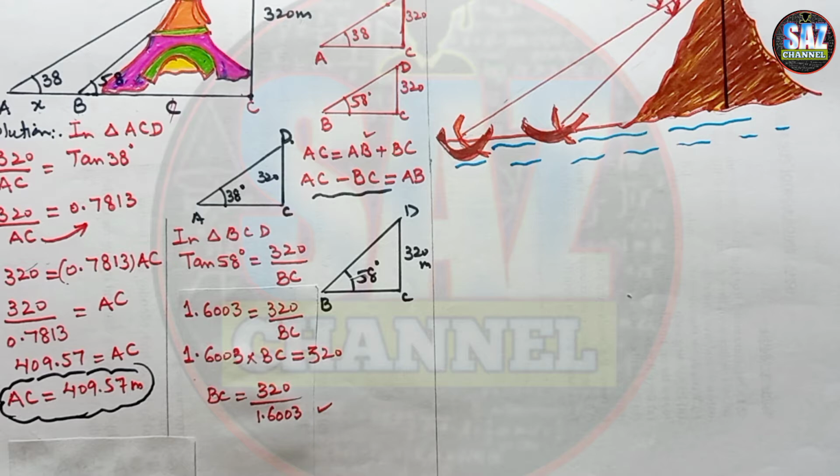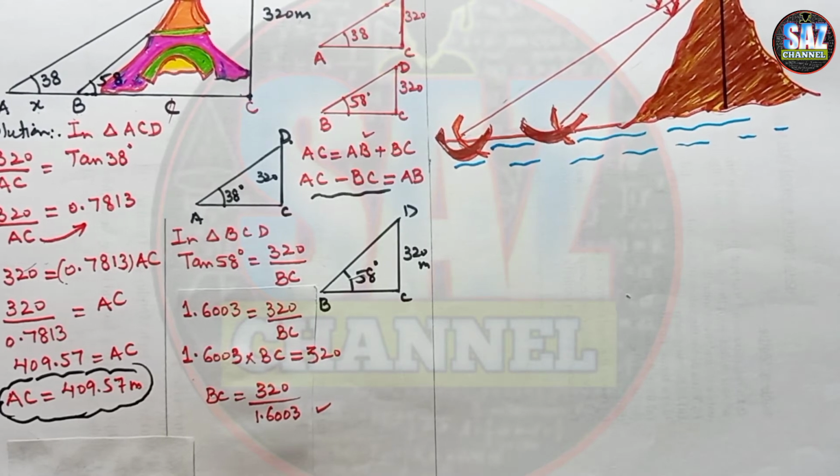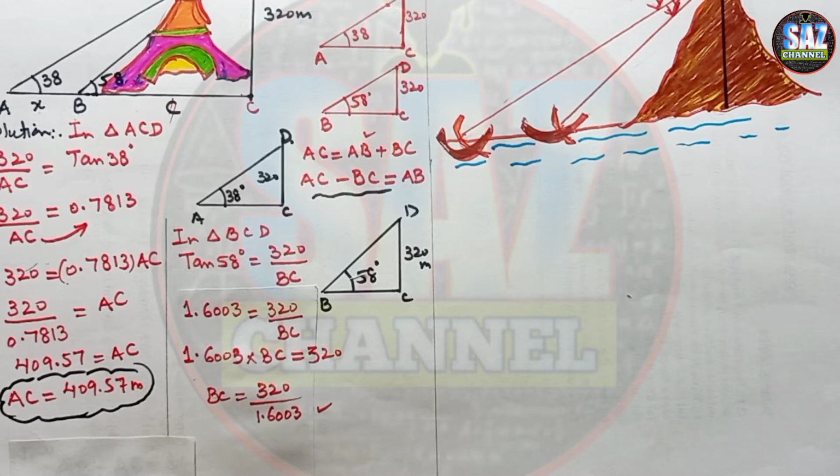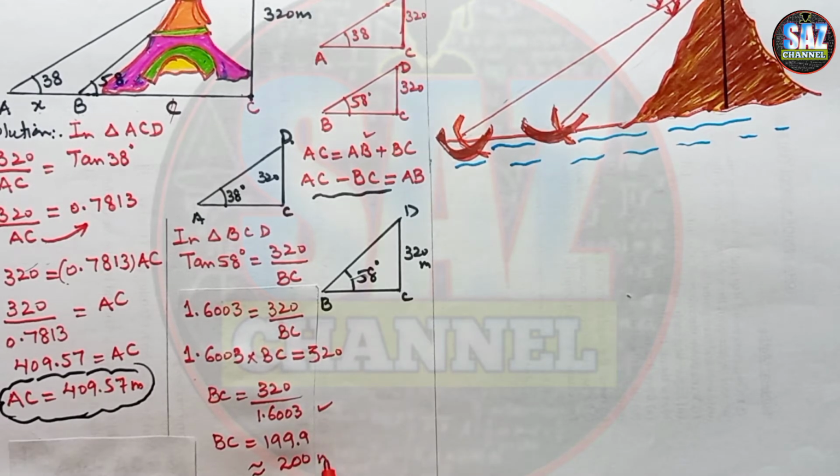Okay, now I have to divide 320 by 1.6003, and this gives me 199.96. BC is 199.9, which is approximately equal to 200 meters.